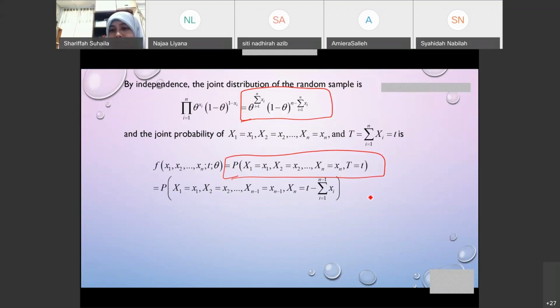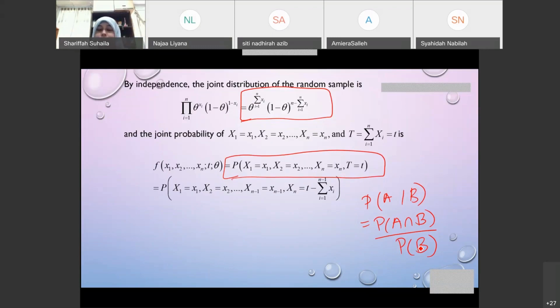The same thing, so kalau kita relate lah, A given B. So it's the same thing. You have A intersect with B divided by probability of B. So kita apply the same concept for conditional. Basic conditional probability you already learned. Okay. So that means you have X1 equals x1, X2 equals x2, ..., Xn equals xn, and then you have T equals t. Okay. But your T is equal to summation xi. Maksudnya setiap value lah x1 plus x2 plus xn. Okay. It also can be simplified by writing this one. Benda yang sama.